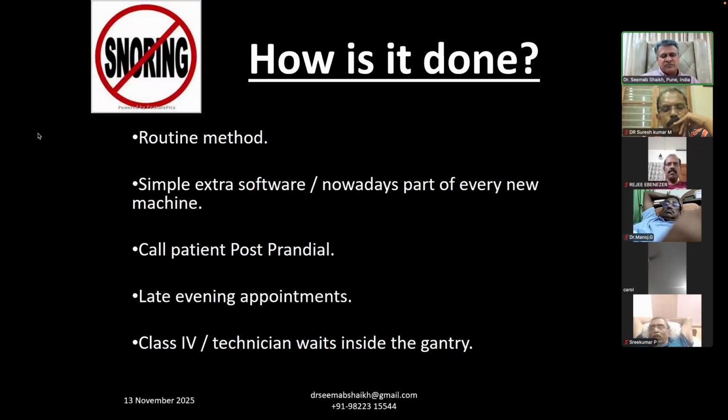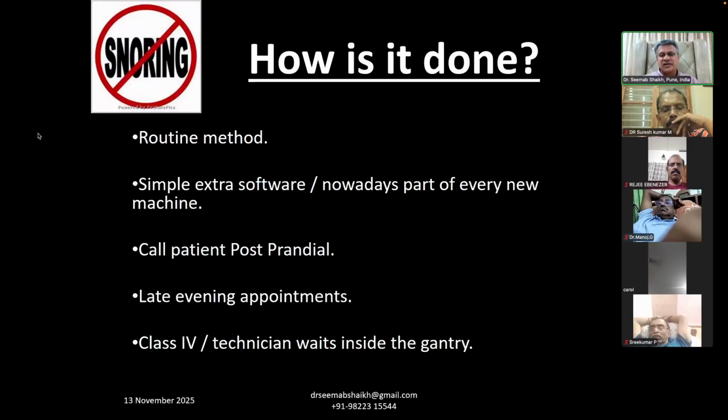So you have a tie-up with the MRI center and tell them to let the patient sleep for 15-20 minutes inside the gantry. And there is a class 4 person, a mama, maushi, or whoever, sitting there waiting to hear the snoring that starts off. And the minute they hear it, they come out and tell the technician, and we start the recording.